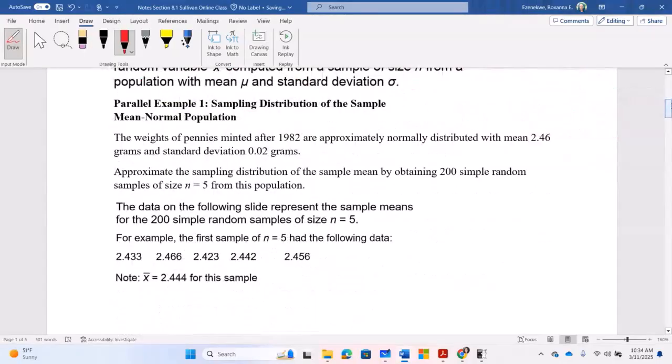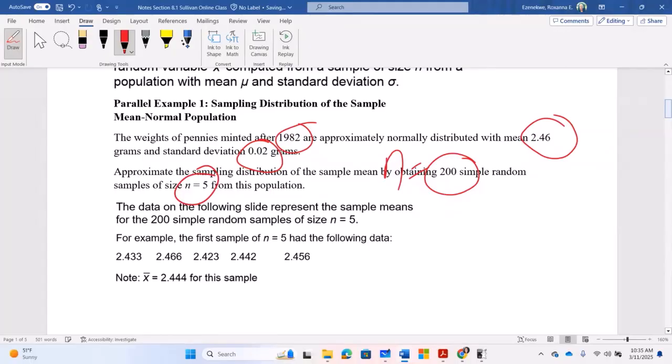The weight of pennies after 1982 are approximately normally distributed with a mean of 2.46 and a given standard deviation. Approximate the sampling distribution of the sample mean by obtaining 200 simple random samples.